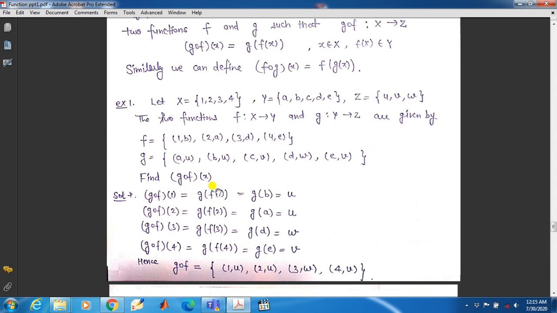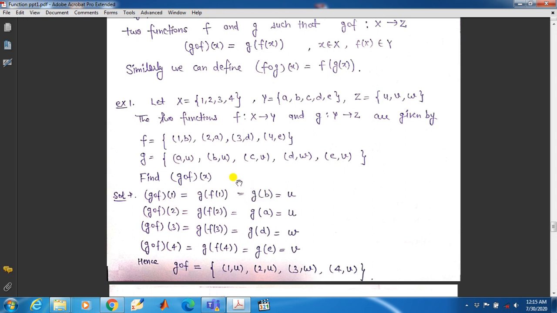And what will be the value of f(1)? That means the image of 1 under f, where the element 1 is mapped. So go to the function f. You can see here that 1 is mapped to b. That means f(1) will be b. Now the expression becomes g(b).